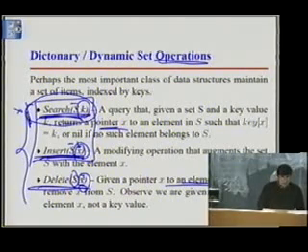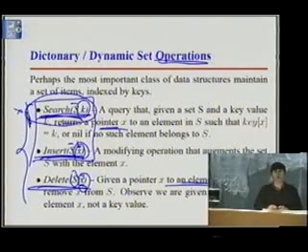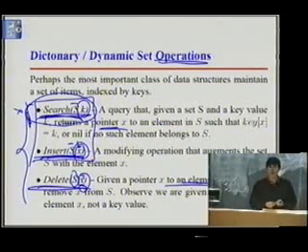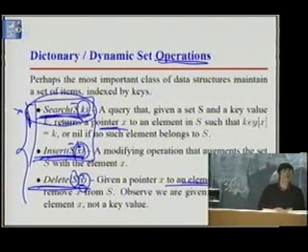Any questions about why we might want to define delete in terms of the pointer to the item instead of the key? What's useful about that? What if we have a pointer to it? It might be expensive to find the pointer to it, right?